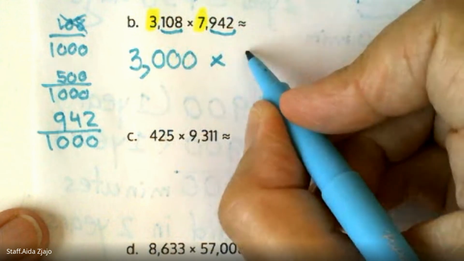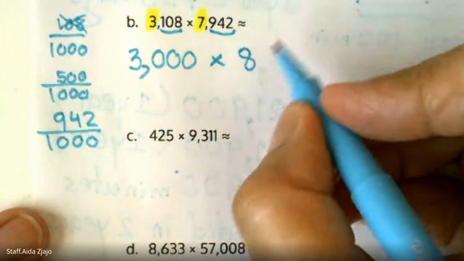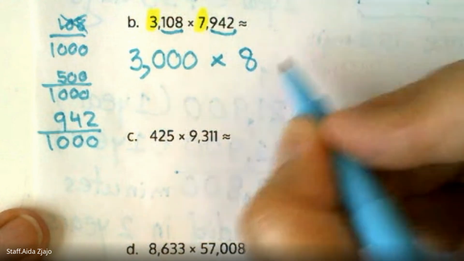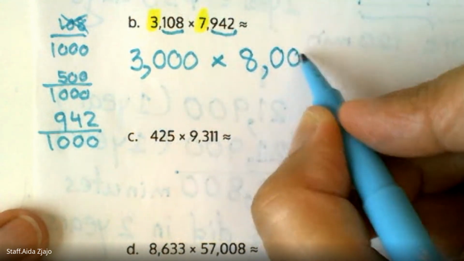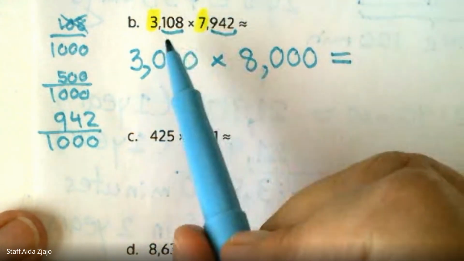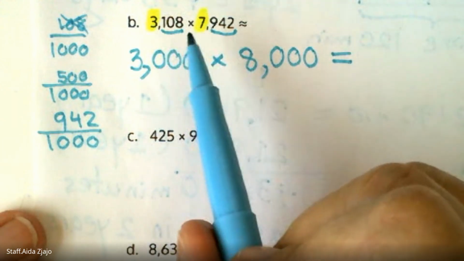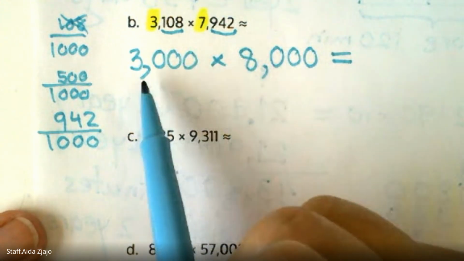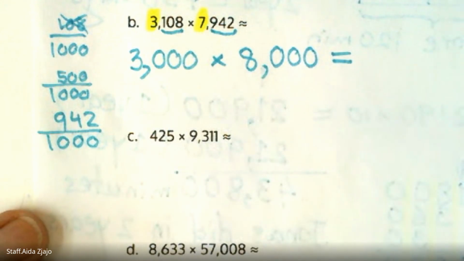So in a case you have in a bank $7,942, you can say to your friend, hey, I have about $8,000. And then if you have $3,108 in your bank, you can only say that you have about $3,000.